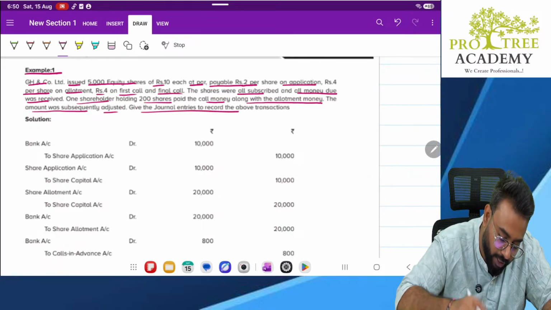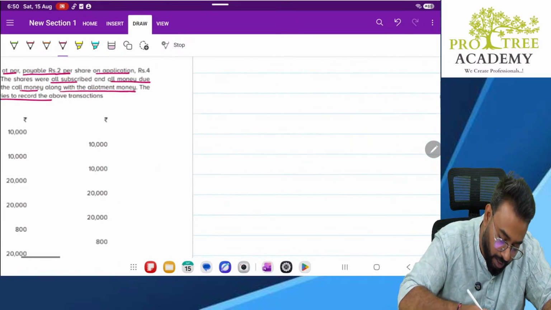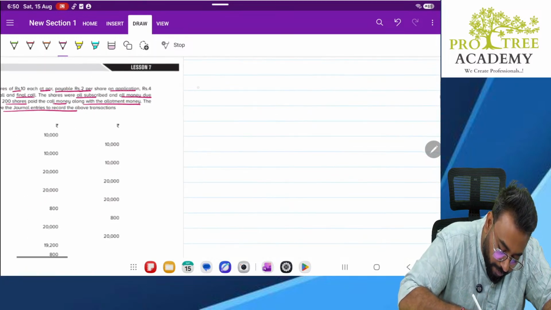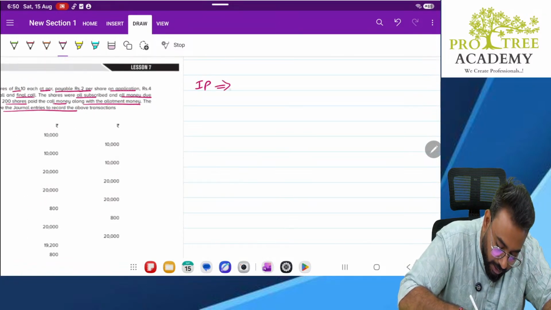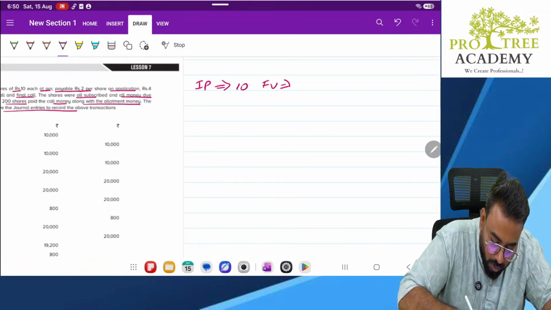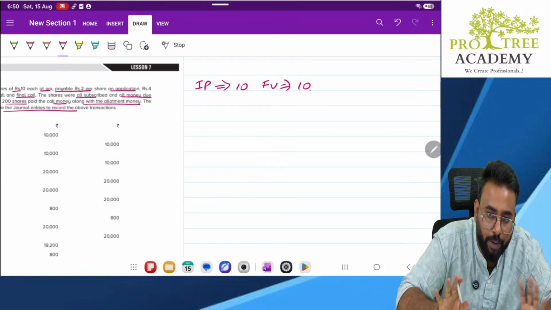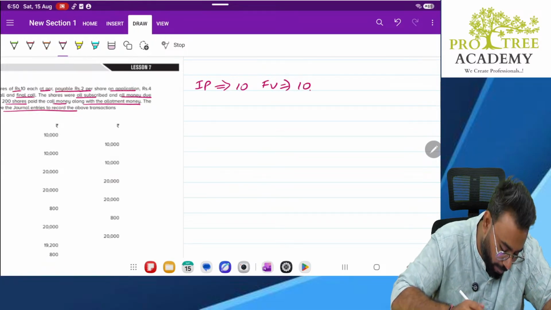Give the journal entry. So what they are trying to tell you is, see, our issue price is 10. Our face value is also 10. So no premium, nothing. Correct? Yes, no premium, nothing.